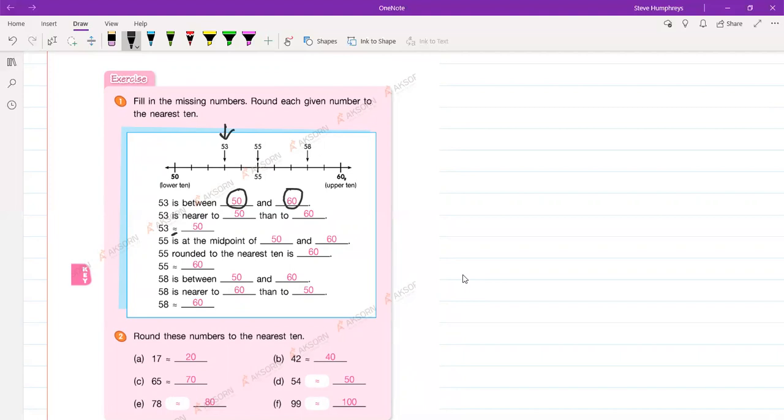Then the next number you're going to look at is 55. 55 is at the midpoint between which numbers? 55 rounded to the nearest 10 is, if it's 5 or more, the last digit, you will round it up. 55 rounded to the nearest 10 is, okay, complete those.